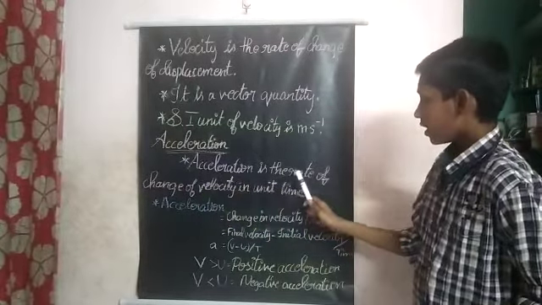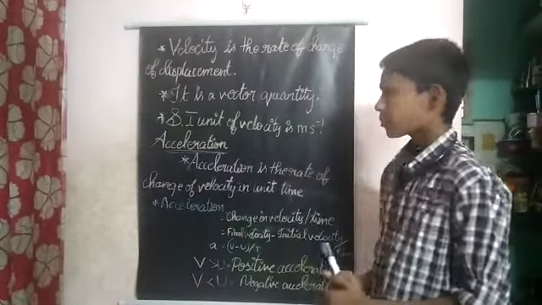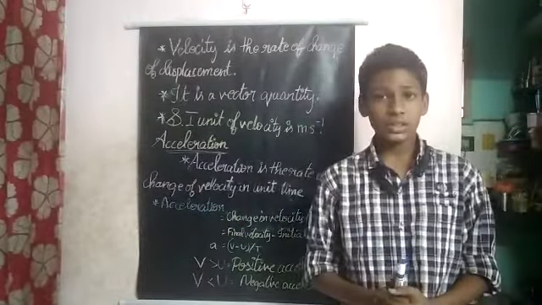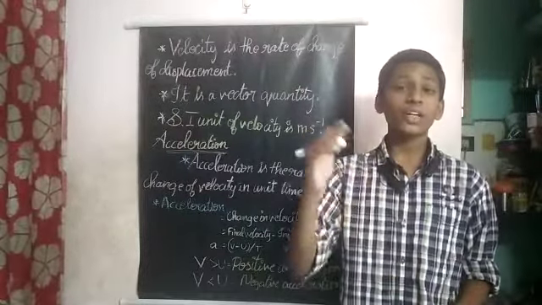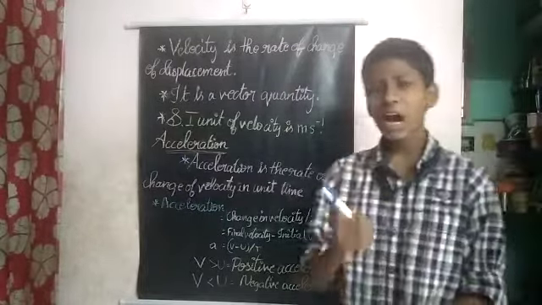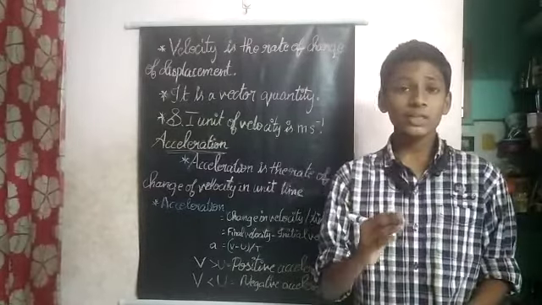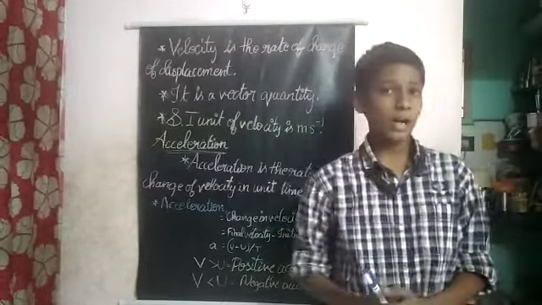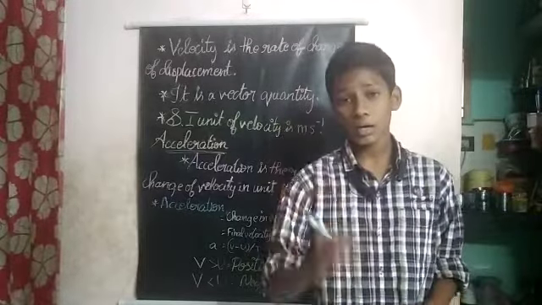Acceleration is the rate of change of velocity in unit time. We saw what velocity is. Here, acceleration is the rate of change of velocity in unit time. How? When the car travels at 60 kilometers per hour, the unit time is per hour.